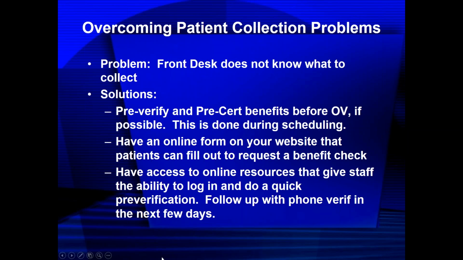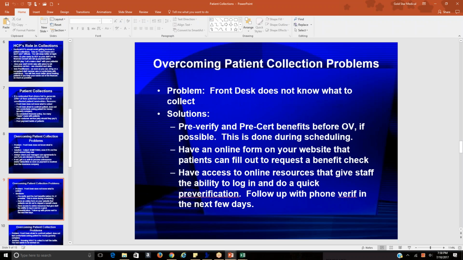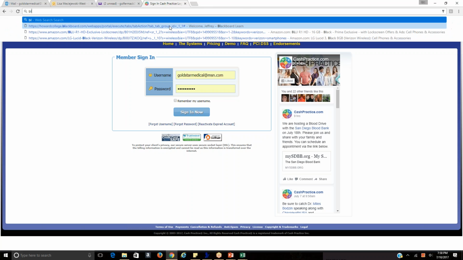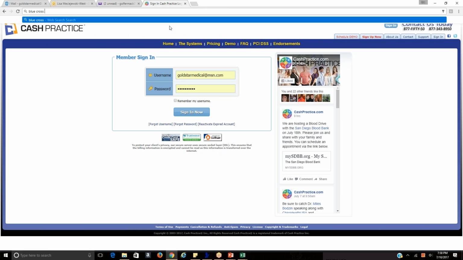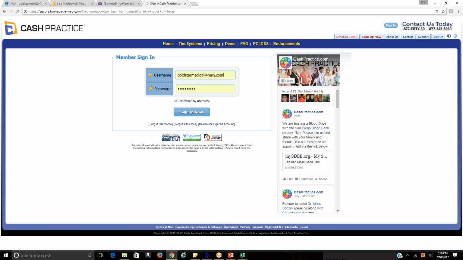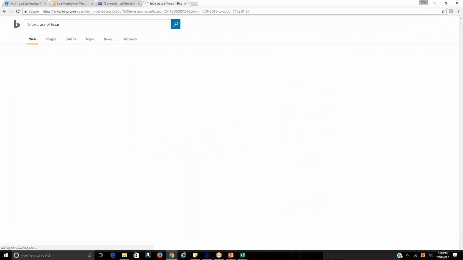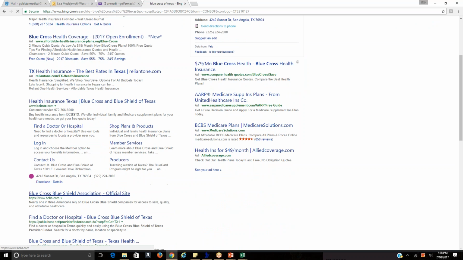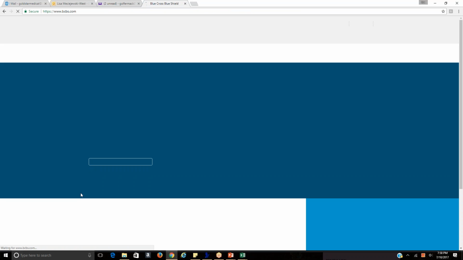And so I'm going to, again, escape out of here. Let's go to, for example, Blue Cross of Texas. Here's the Blue Cross Blue Shield Association official site.